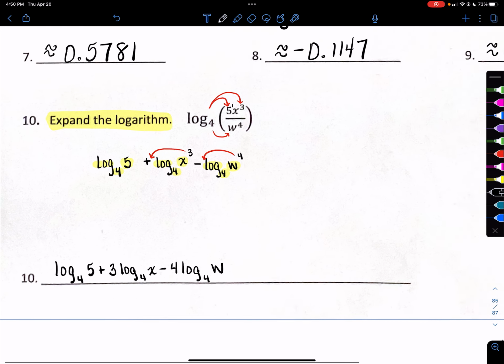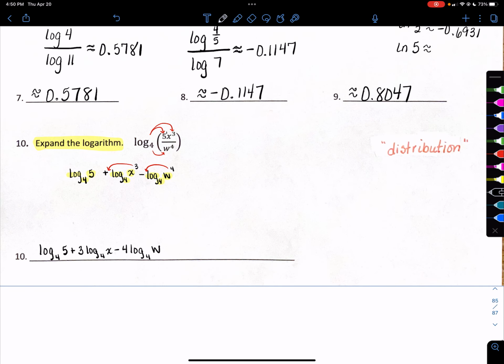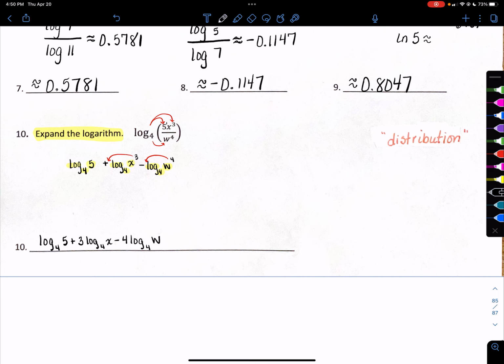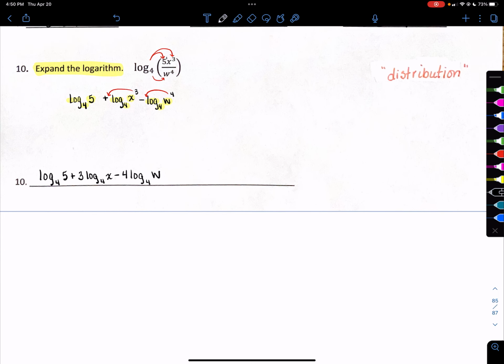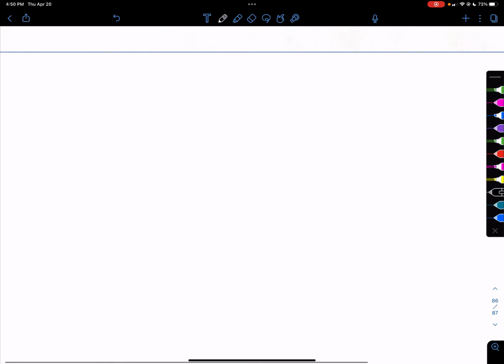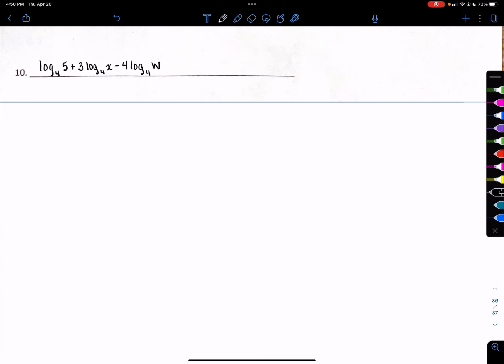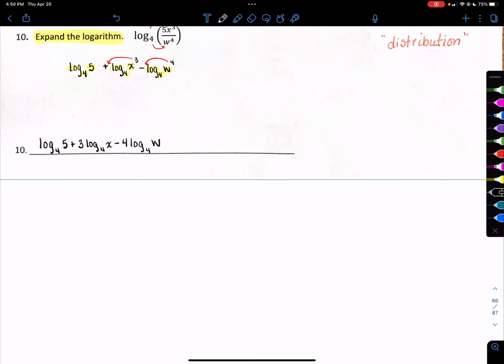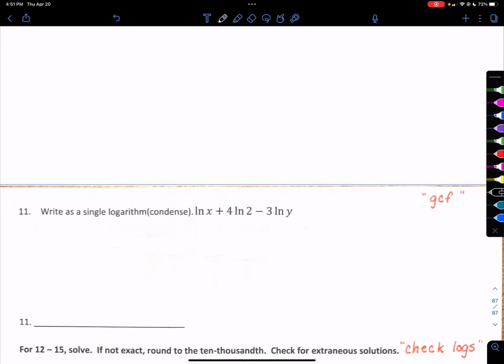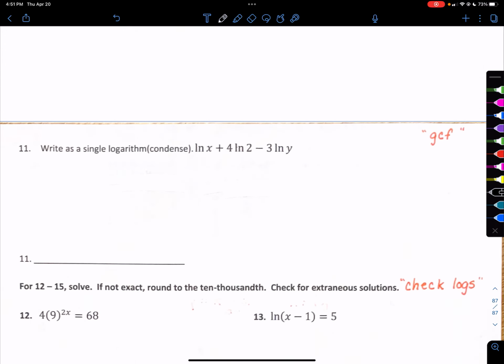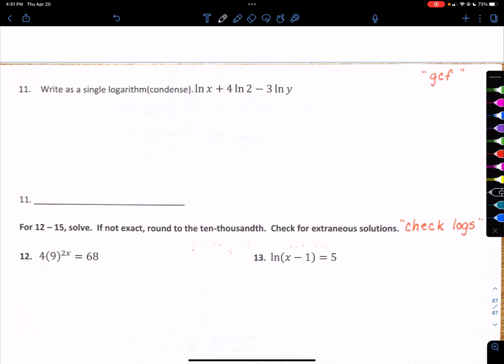Now when we go to condensing, think of the opposite of distribution. So now instead of distribution, think of looking for the opposite of distribution, which is the greatest common factor, or the GCF. I want to write this in a single log.